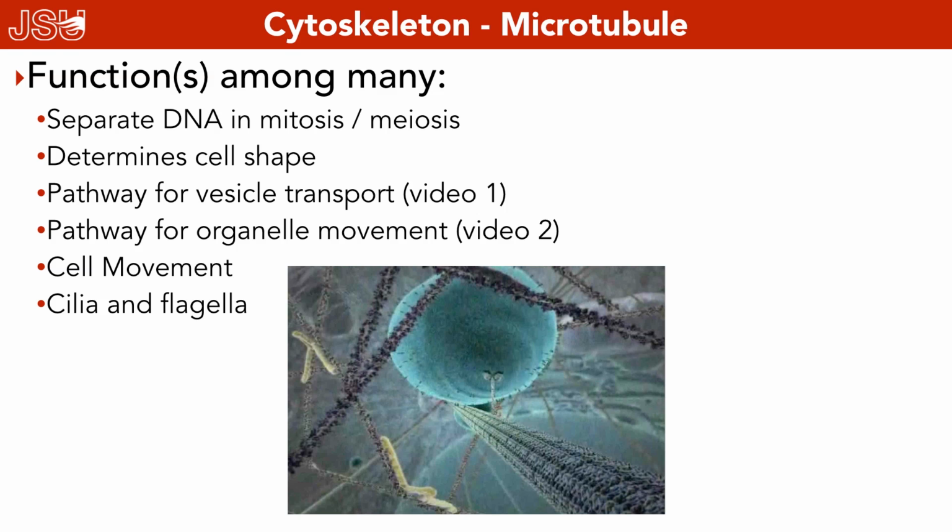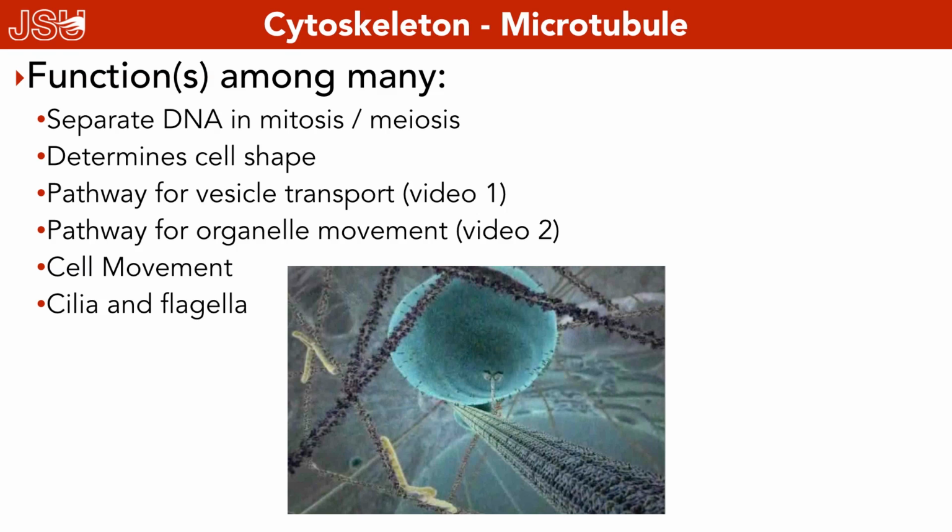Now, where do we see these microtubules working? One, we separate DNA in mitosis and meiosis. We're going to depolymerize on an end, and as it depolymerizes, it pulls that tubule. Another way, and we'll get to this in a second, is a pathway for vesicle transport. Remember I said we don't release vesicles like balloons and hope for the best?